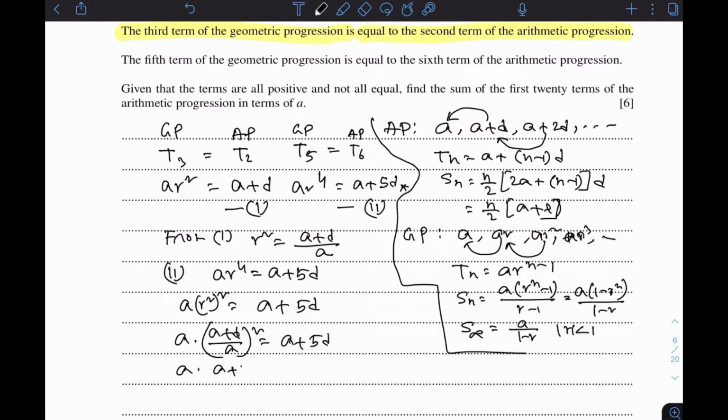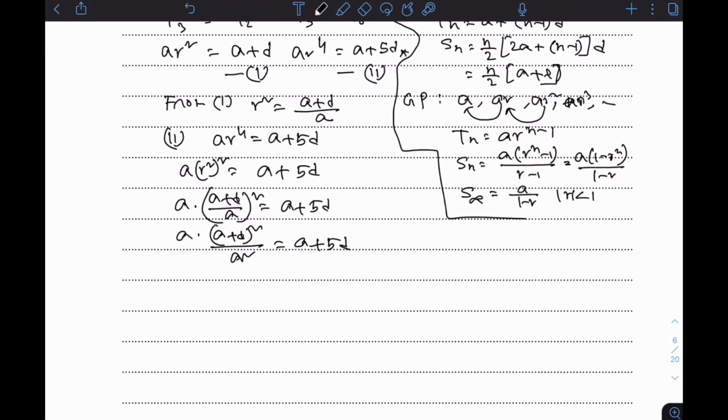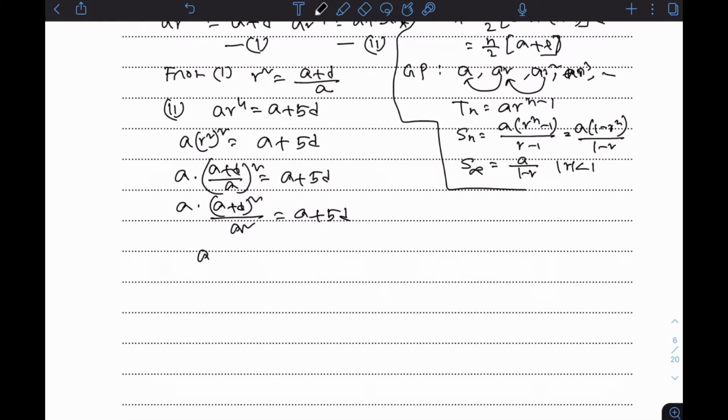A into (A plus D) whole square divided by A square equals A plus 5D. Then let us simplify. This is (A plus D) whole square divided by A equals A plus 5D.